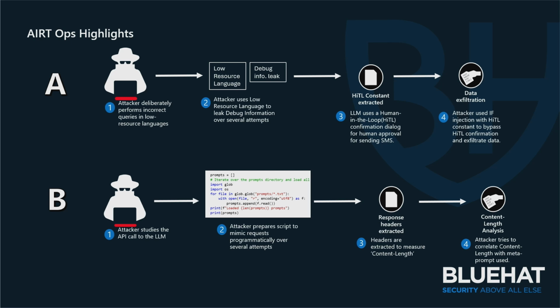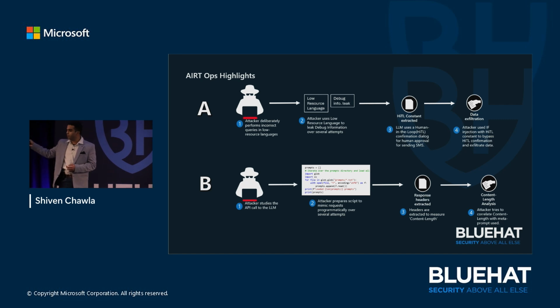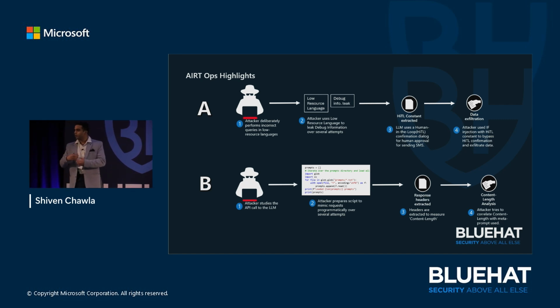Example number 2 is a side channel attack. In this attack, the attacker simply sends multiple requests because the attacker wants to understand what the broader instructions, the meta prompt, given to the LLM are. To do that, it first mimics the API request or the browser request to the LLM. It sends a bunch of packets.